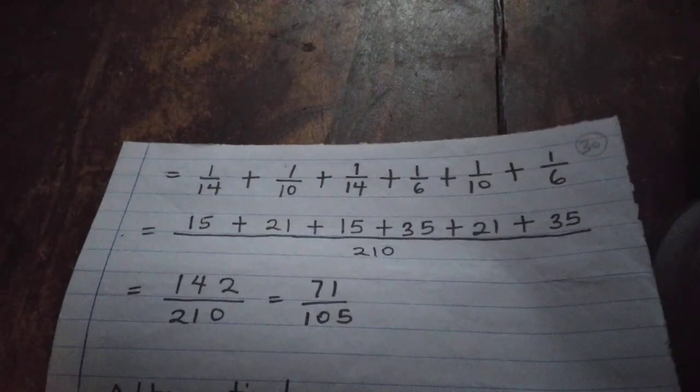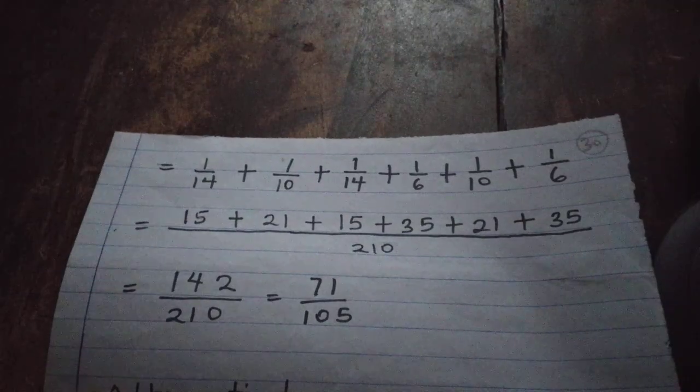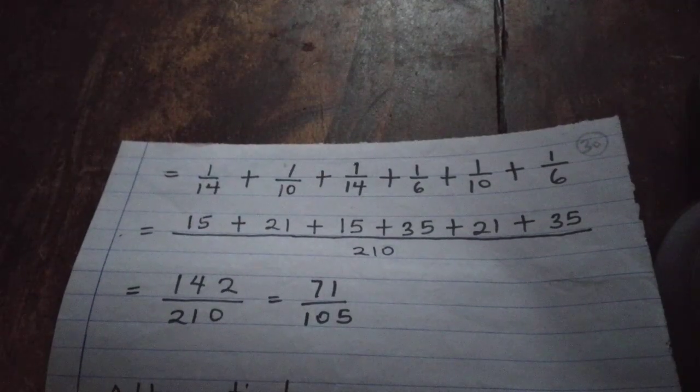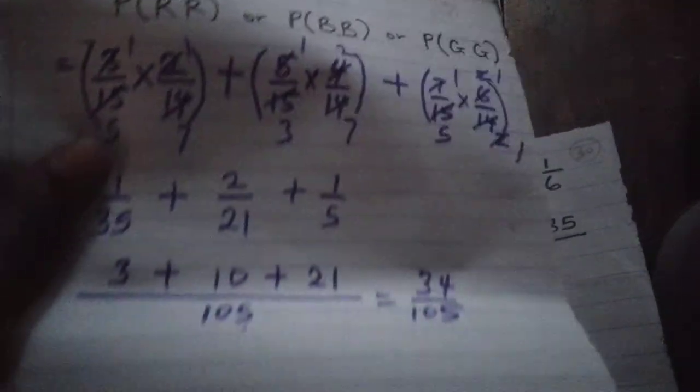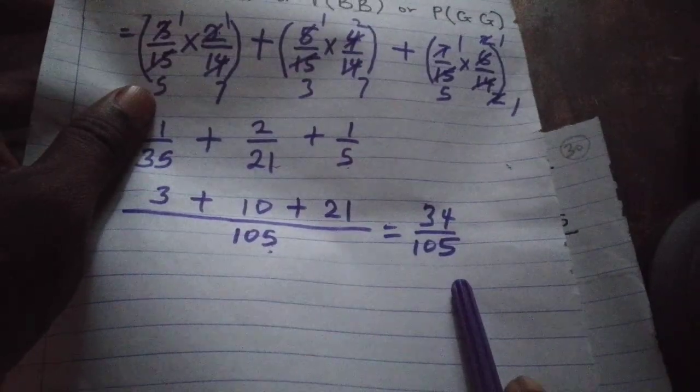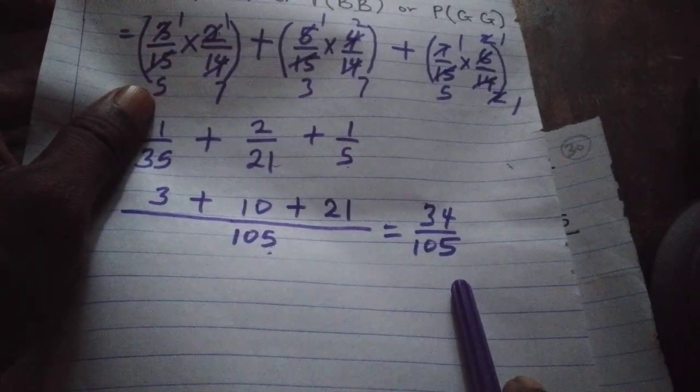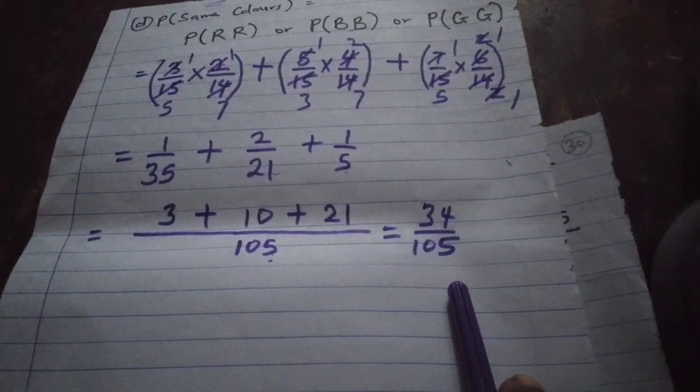Alternatively, since we have been able to find the probability of picking the same colors, we found the probability of picking the same color to be 34 over 105. It's either we pick the same colors or different colors.